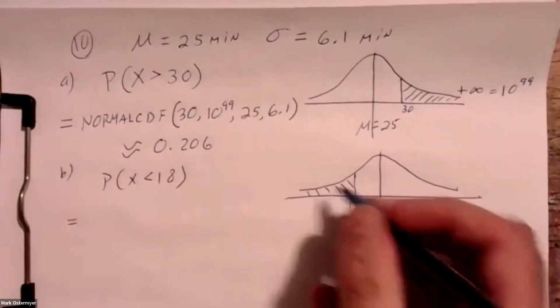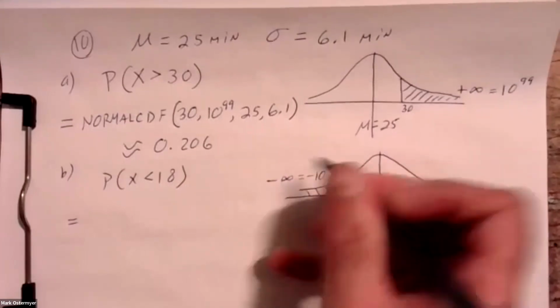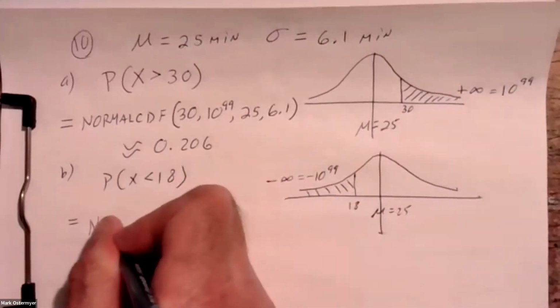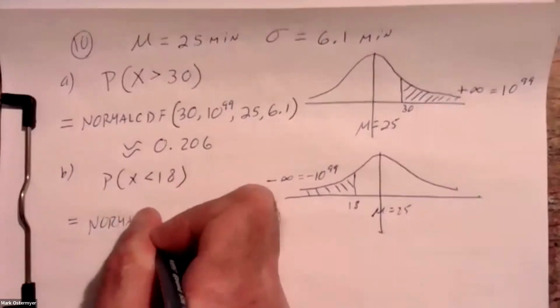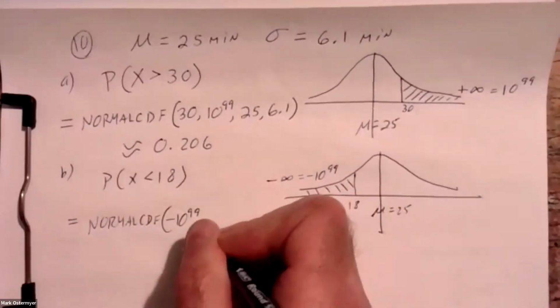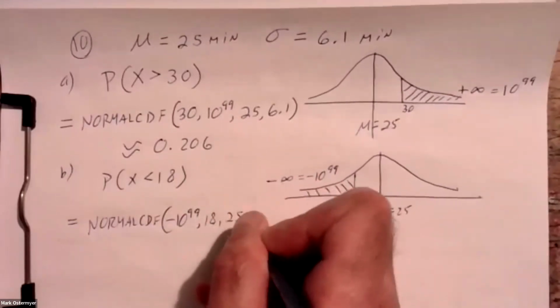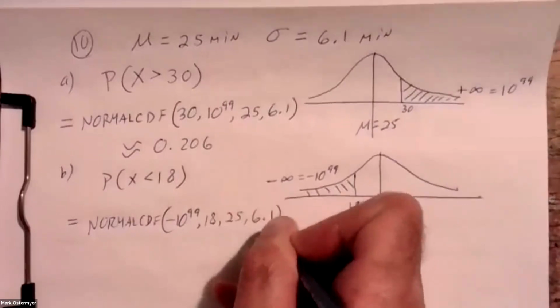Now the lower limit is going to be negative infinity, which is going to be negative 10 to the 99th power. So again, using the normal CDF function, lower limit is negative 10 to the 99th power. Upper limit is 18. The mean is 25, and the standard deviation is 6.1.